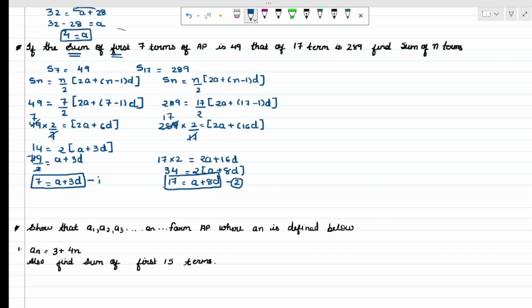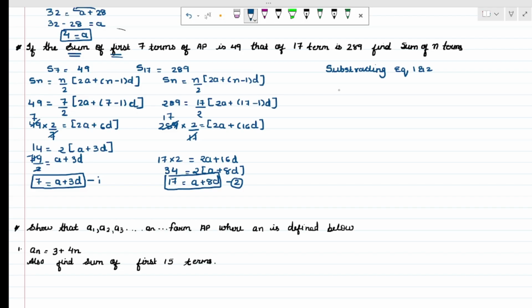Now we have already learned about the elimination method. So you will write over here that we are subtracting or eliminating our equations 1 and 2.